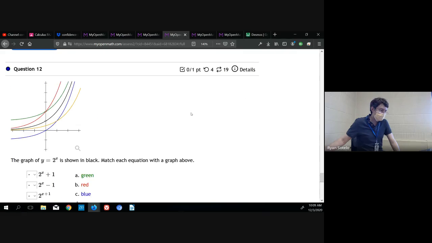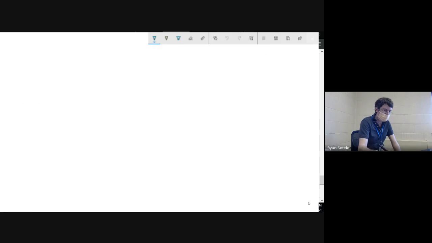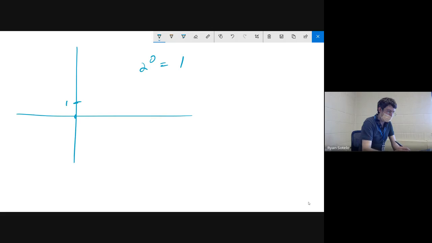Okay, so if you have an exponential, I'll just quickly describe what that does. You can just think of it at 0, 2 to the 0 is 1. So it'd be 1. 2 to the 1 is 2. 2 to the 2 is 4.